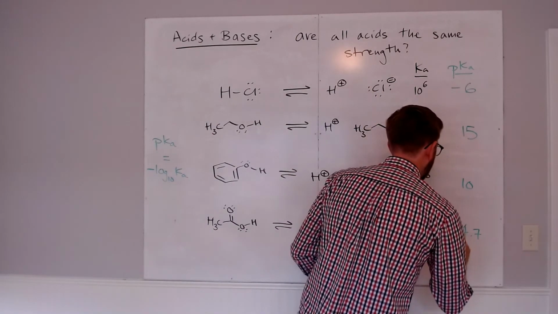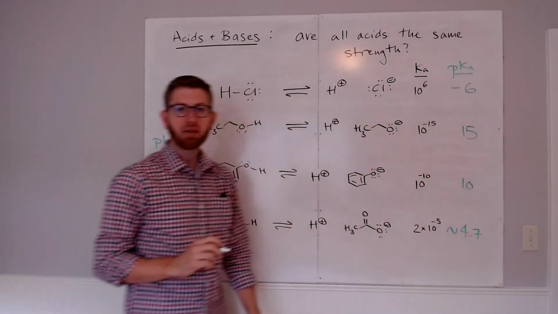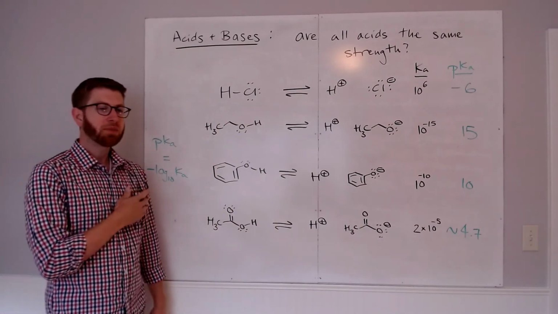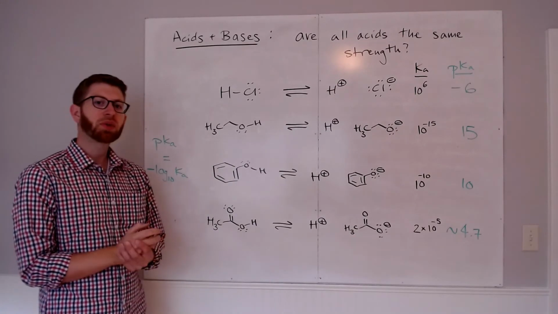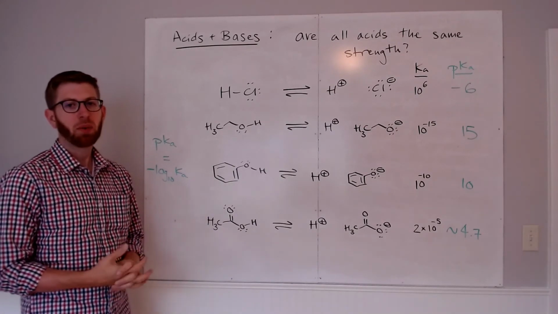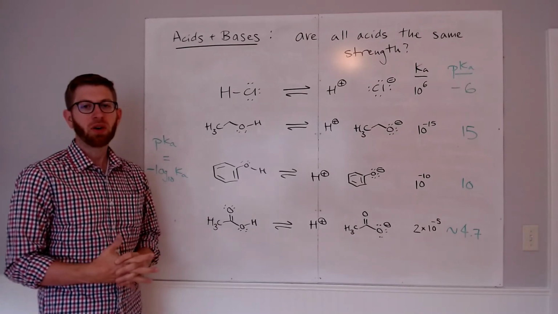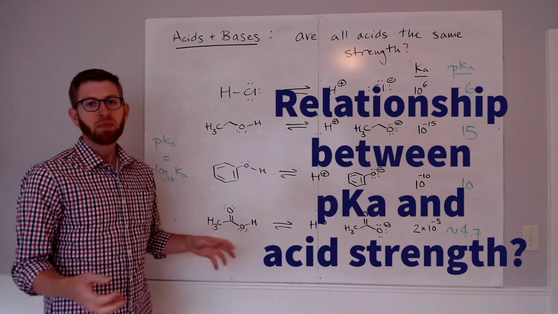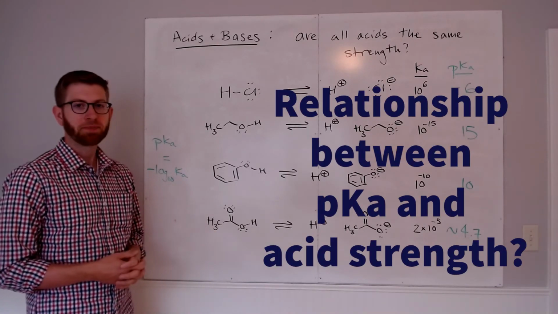Right, so we'll say approximate. Not negative, approximate. So what I'd like for you to do in closing is, just like we wrote a statement, as Ka goes up, acid strength goes up, I want you to write a similar statement involving pKa. So as pKa does blank, acid strength goes up.